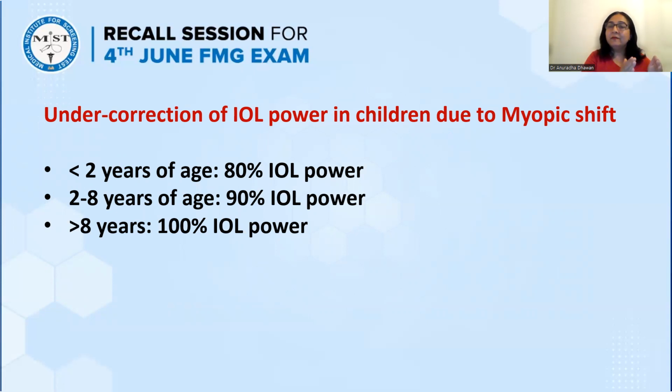Okay, if you are putting it in a child who is between 2 to 8 years of the age, you'll be using 90% of the power which is given by the formula. Okay? After the age of 8 years, because the growth of the eyeball is complete, you can give, just like adults, 100% of the IOL power.